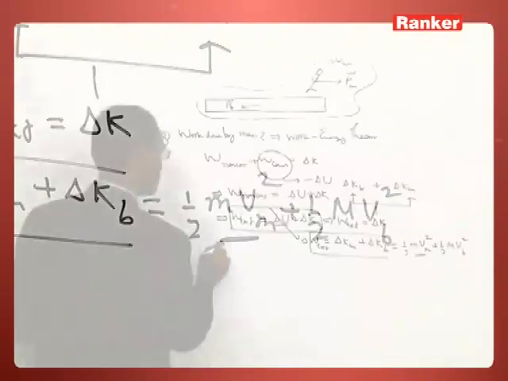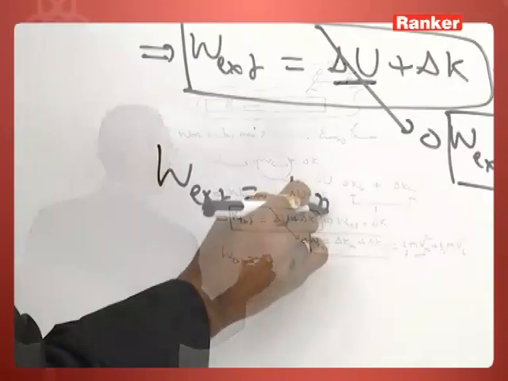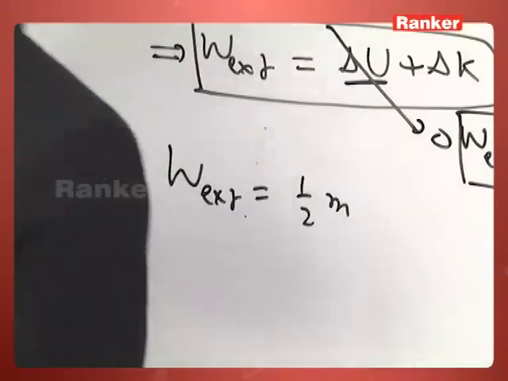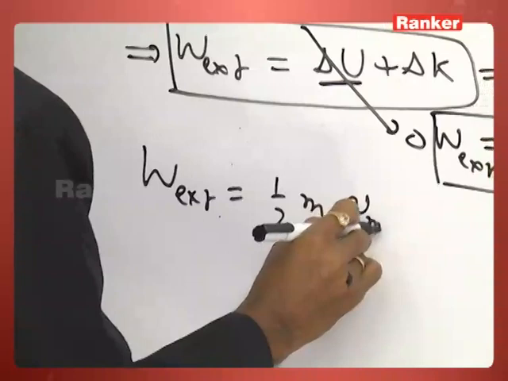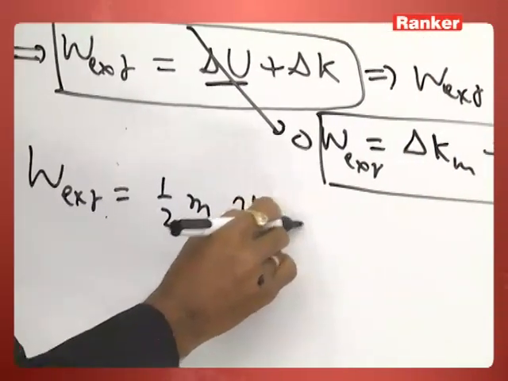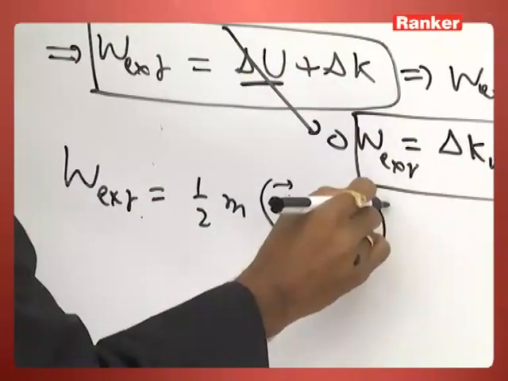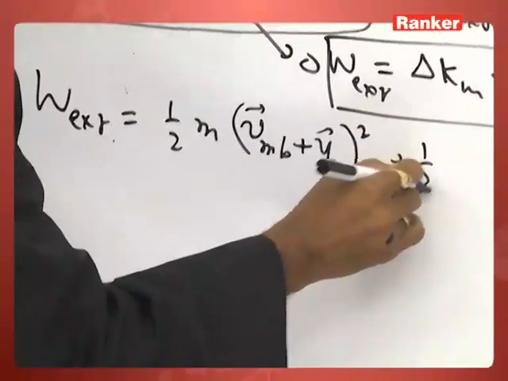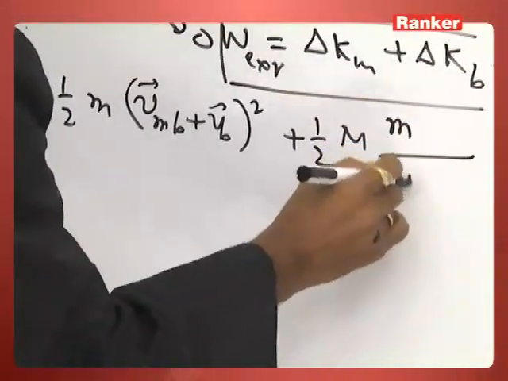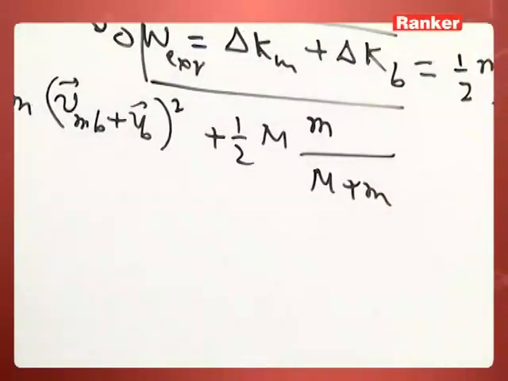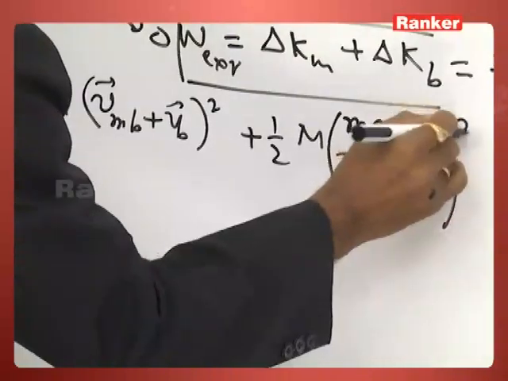Just substitute the values of Vm and Vb. Vm is equal to velocity of man with respect to boat plus velocity of the boat, squared, plus half M, and Vb equal to small m upon small m plus capital M into u relative. Just let us calculate it.